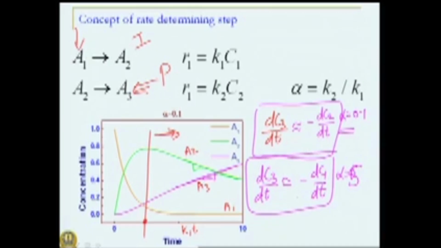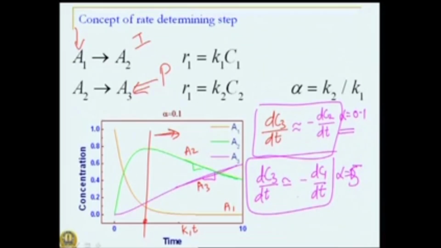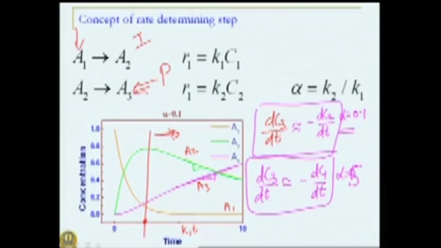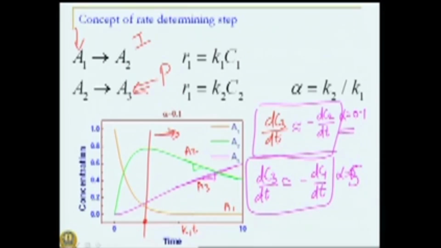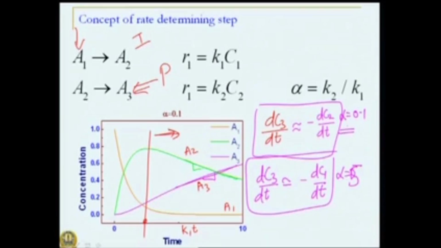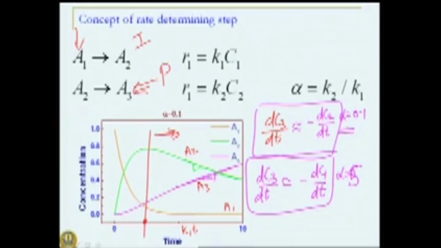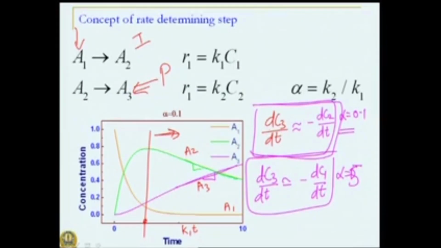What happens when alpha is 5? The first reaction is slower than the second reaction. So, in either case, the rate of the reaction is determined by the slower of the two reactions. If the second reaction is slow, the rate of formation of A3 is determined by the second reaction.